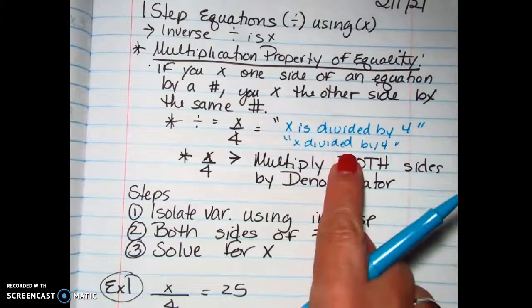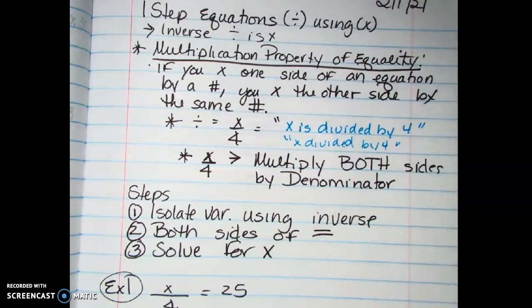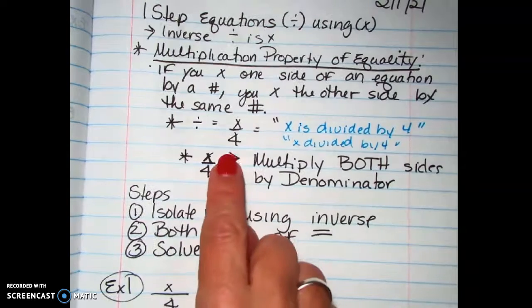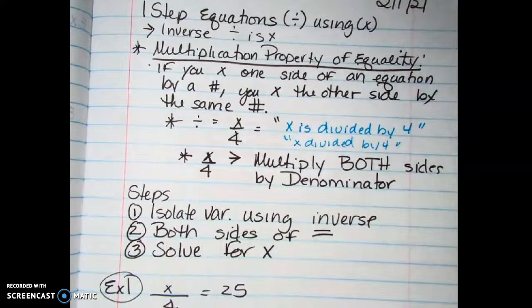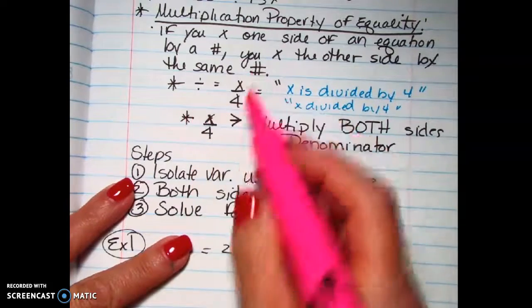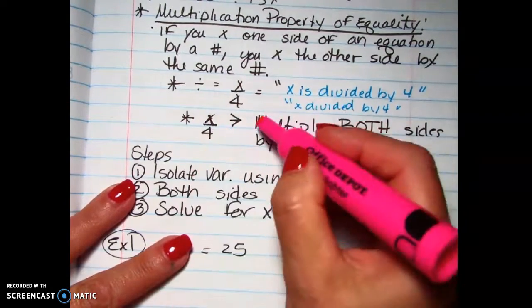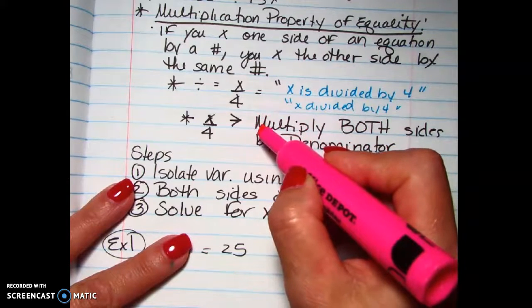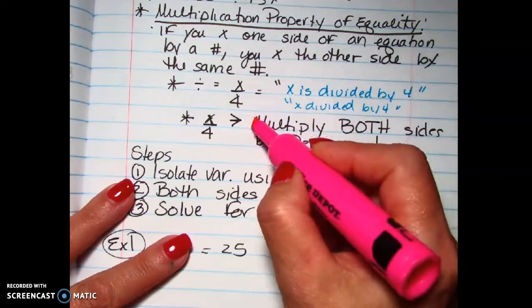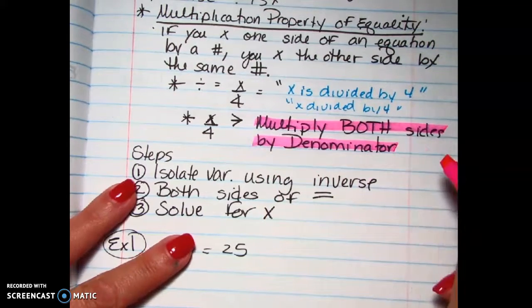Probably this one's going to be a little bit closer to what we're doing when we're working with problems like this. Next, something else that's super important is because we look at this and think, oh, it's a fraction, what we need to make sure we do is when we see our division problem set up like this, we remember that when we are going to do the operation of multiplying, we multiply both sides by the denominator.